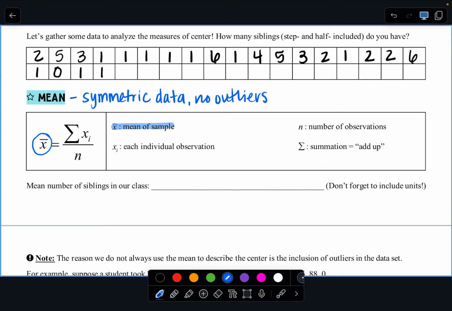Now, the way I can have my calculator work for me, I can go to Stat, over to Calc. So I just hit the Stat button and the right button. The first thing you should see is 1-Var Stats. Once you see 1-Var Stats, hit enter. It's going to ask you what list you want the calculator to look at.